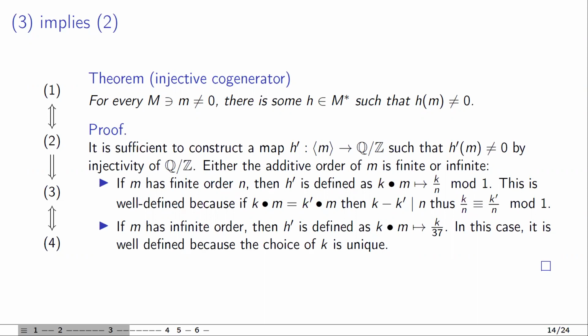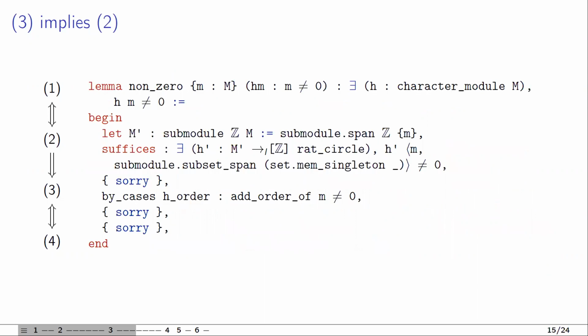So k divided by n and k prime divided by n are the same thing when you take modulo 1. And if m has infinite order, then such a k is essentially unique, so you can just send it to k divided by any prime number. And yeah, this is the proof. So the takeaway here is that the additive order will give you 0 if m has infinite order, so you can just do it by cases.